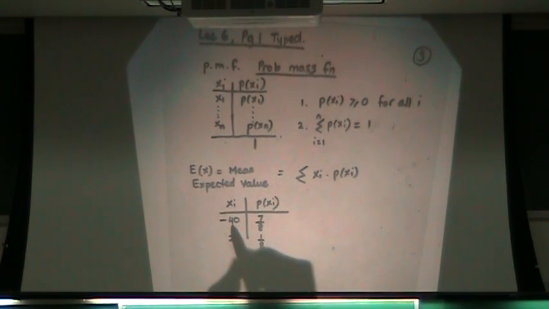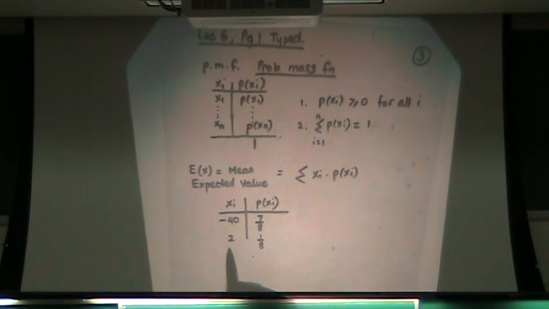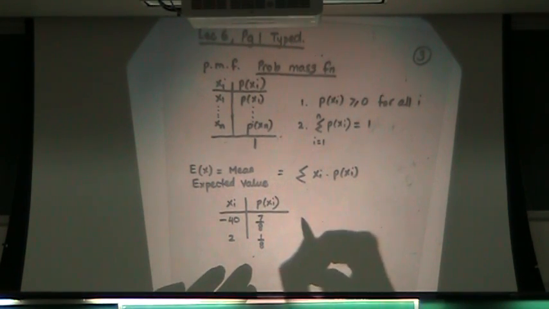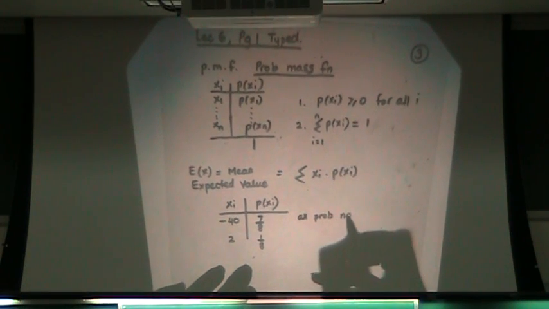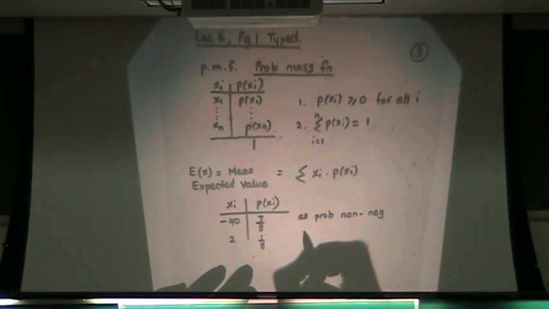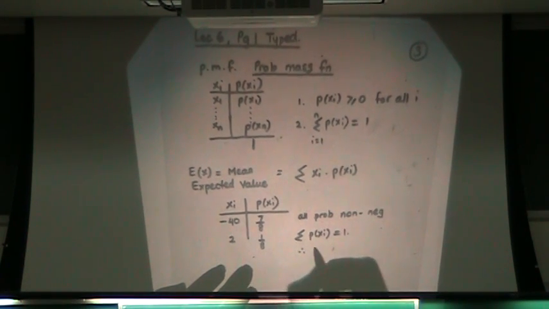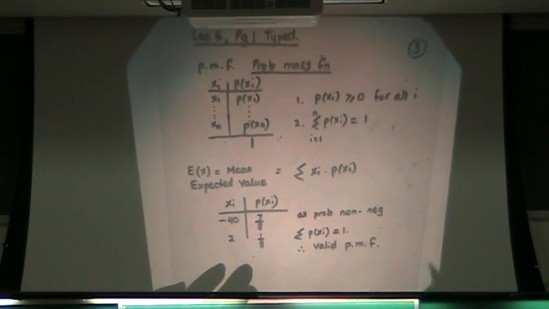It's saying that you lose $40 7/8 of the time, you make $2 1/8 of the time, something like that, right? Kind of like when you go to Atlantic City, right? So the two conditions are satisfied. All the probabilities are non-negative, and the summation of P of x_i is equal to 1. Therefore, this is a valid probability mass function.